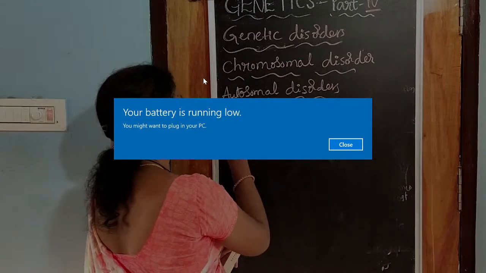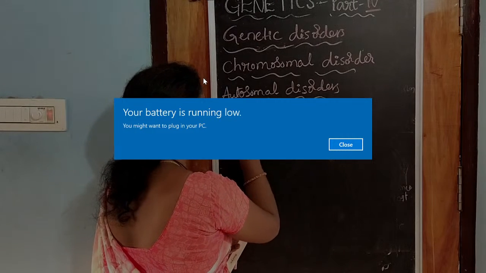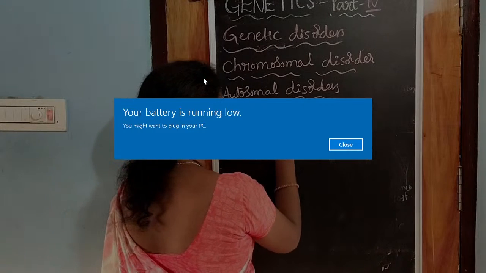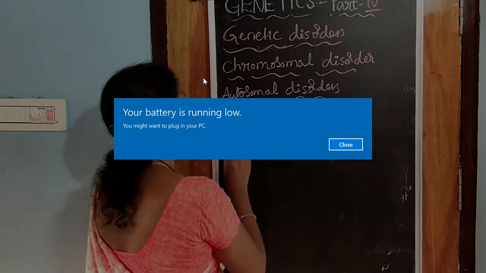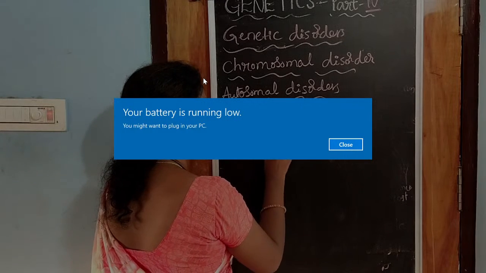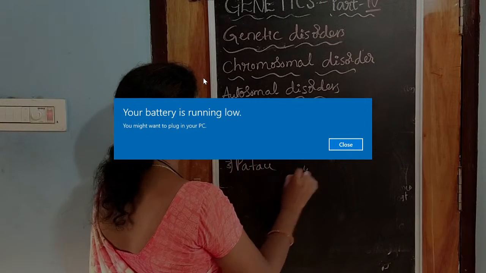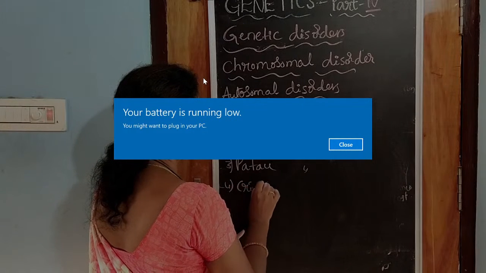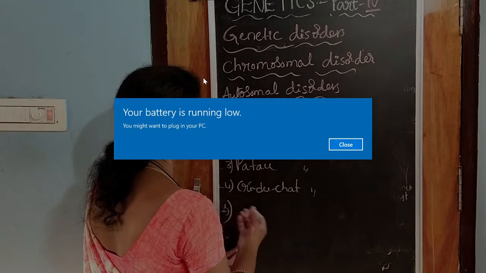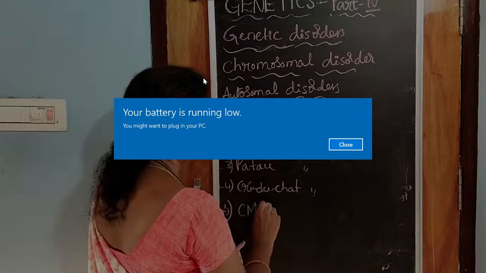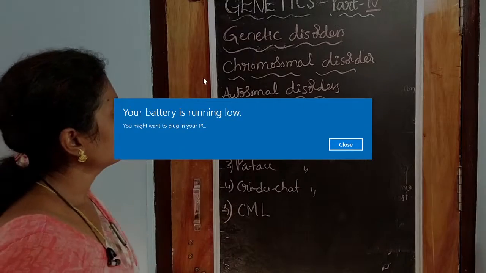The first one is Down syndrome. Second is Edwards syndrome. Third is Patau syndrome. Fourth is Cri-du-chat syndrome. And fifth is chronic myelogenous leukemia. So these are the autosomal disorders.